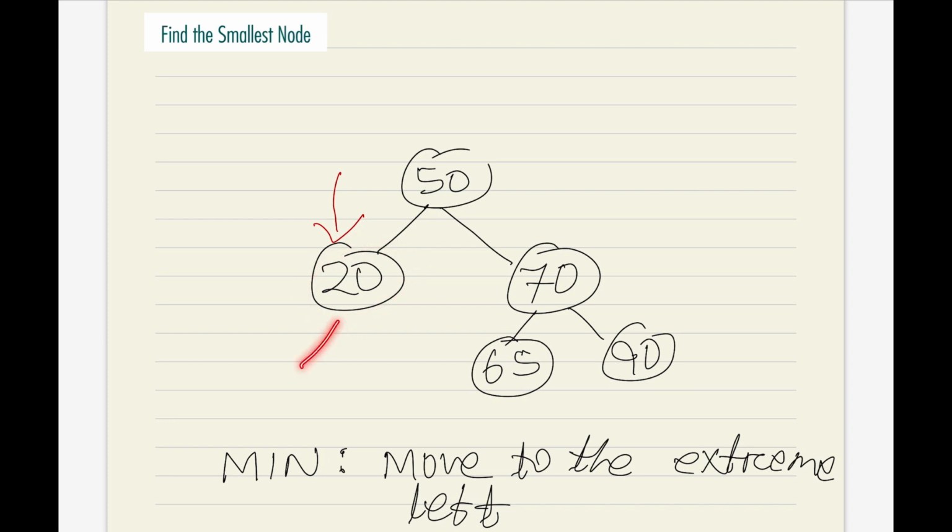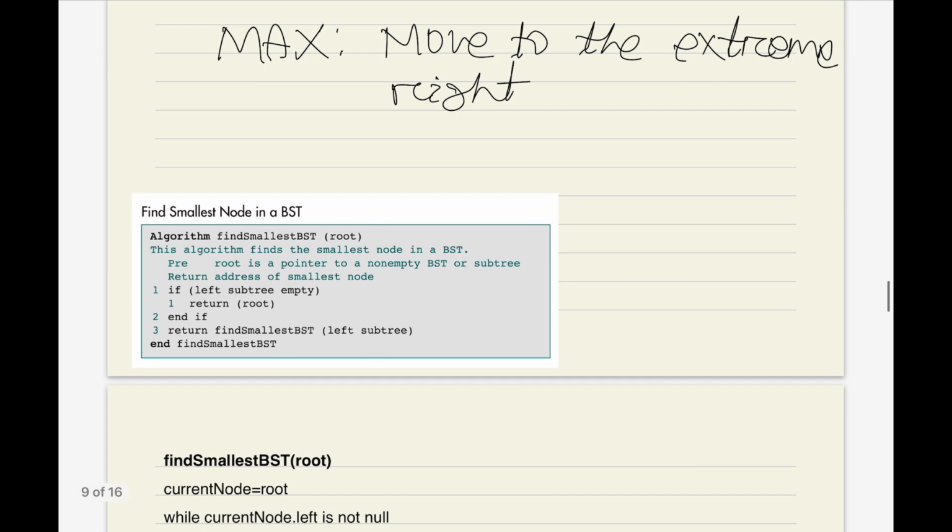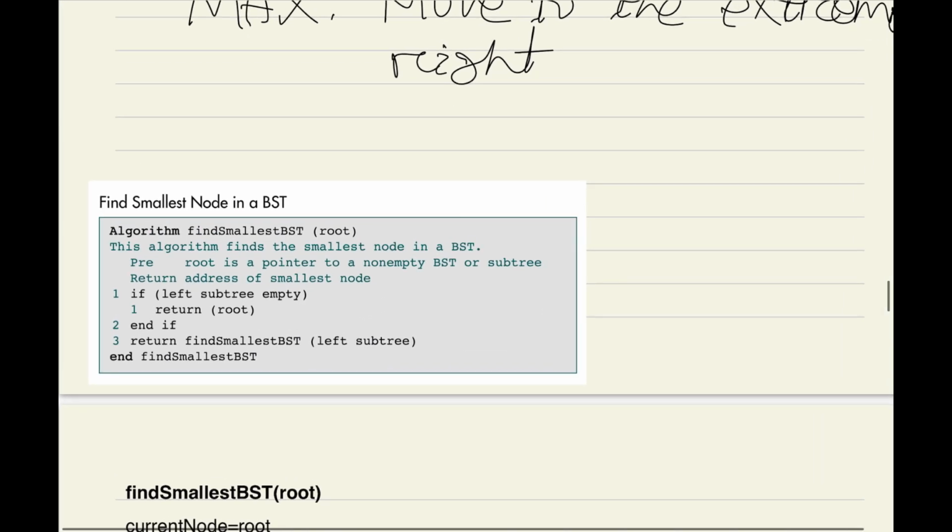So we can say 20 is the minimum value, or the smallest value, in the binary search tree. This is what we have written in step 1: if left subtree empty, return root, and if left subtree not empty, then return find smallest BST. That means the same algorithm we are recursively calling, and previously it was root, now it is the left subtree.